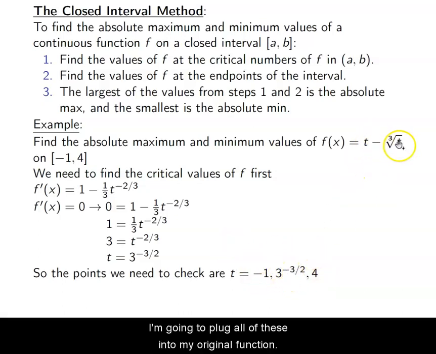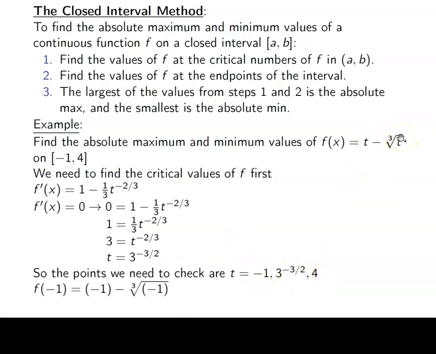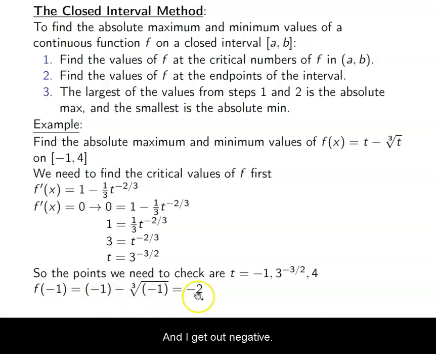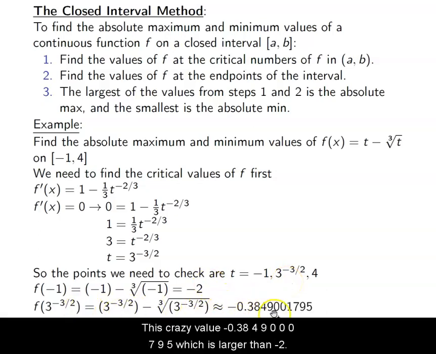So I'm going to plug all of these into my original function. So I'm going to plug in -1 first, right, the smallest point in my interval, and I get out -2. I'm going to plug in the next point, 3 to the -3/2. I'm going to get out this crazy value, -0.38490000795, which is larger than -2.